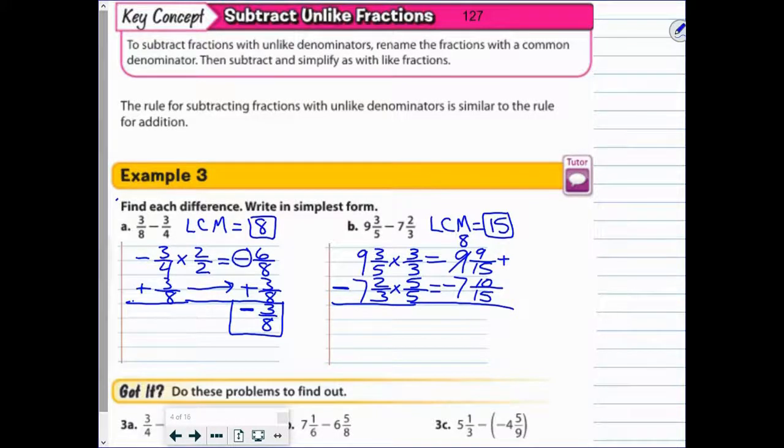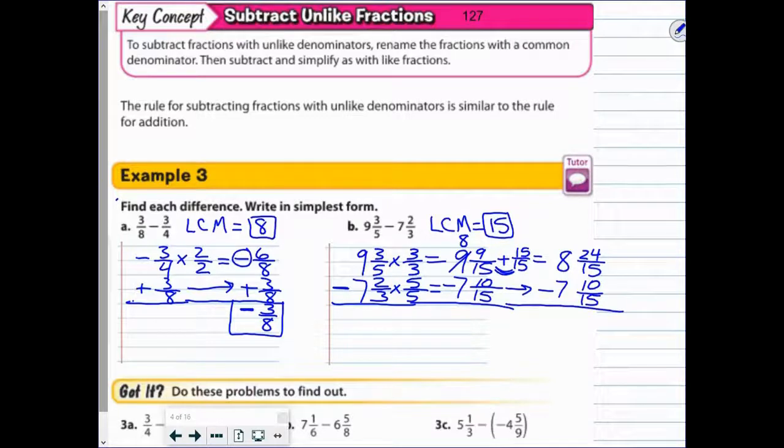And that fraction is going to be 15 over 15 because I have to have a common denominator. So I will add 15/15 to 9/15, giving me 8 and 24/15 on top. And then I'm just going to drag my -7 and 10/15 over.